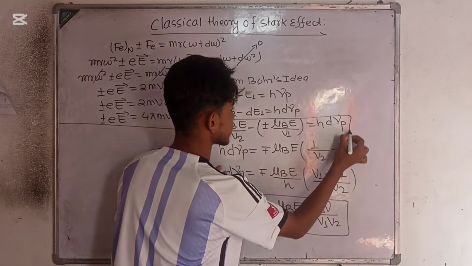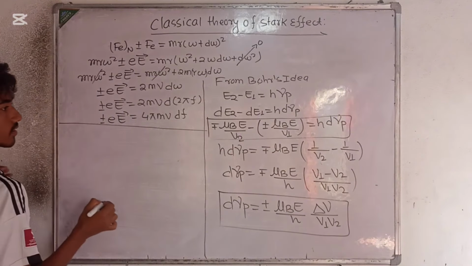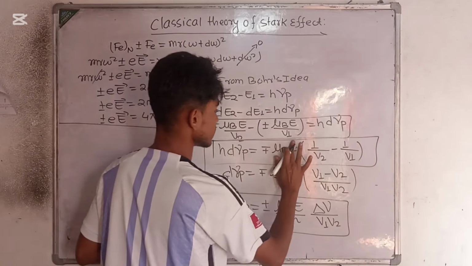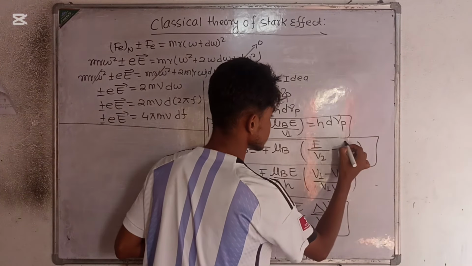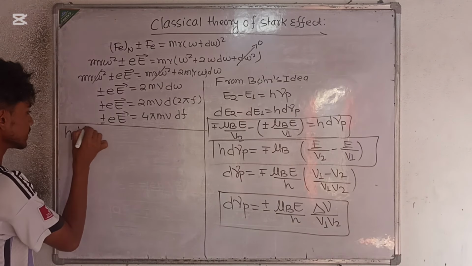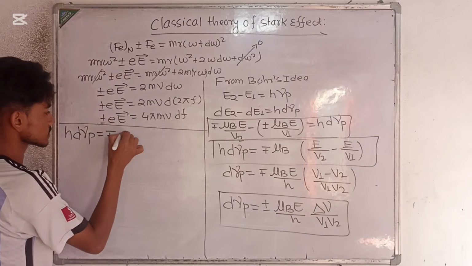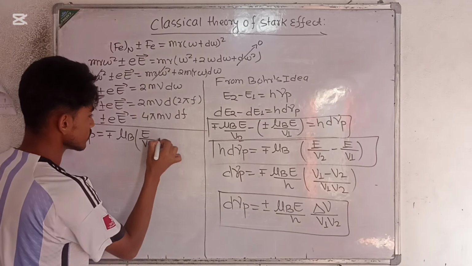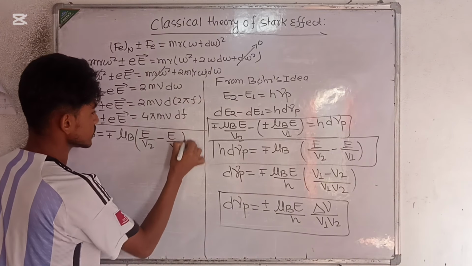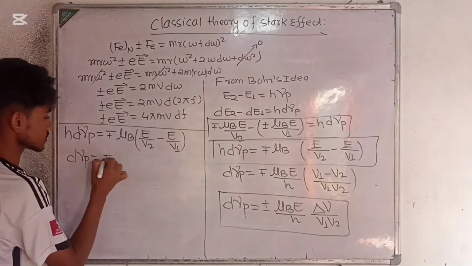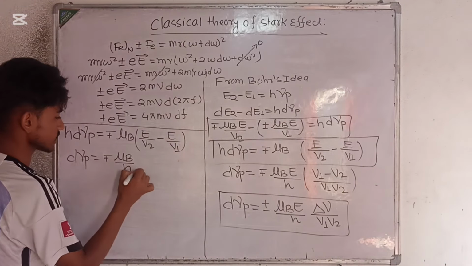So I'm taking this portion, and if I have E here, I can make E here also, right? So h d nu of photon can be replaced by minus plus mu B, and this is E upon V2 minus E upon V1. So d nu of photon can be replaced by minus plus mu B upon h.